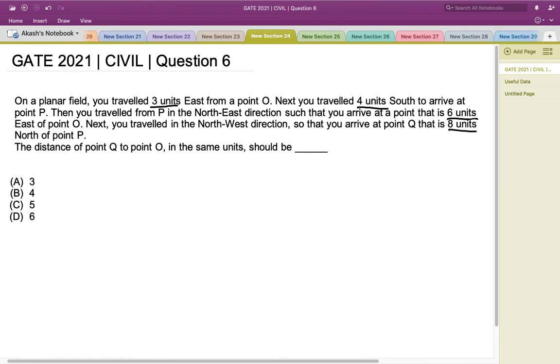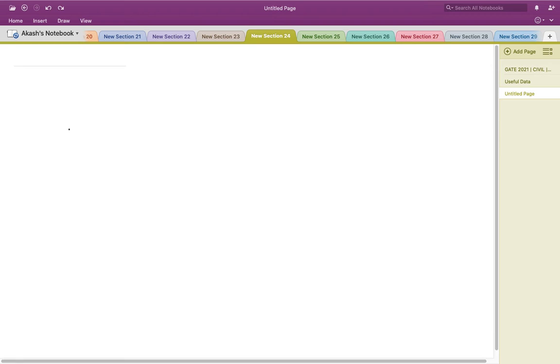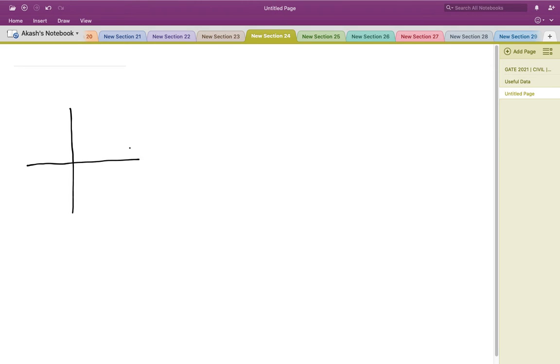The first information that we have been given is that we have traveled 3 units east from the point O. So let's first define our direction as follows. We take this direction as north, and correspondingly we take the following directions.